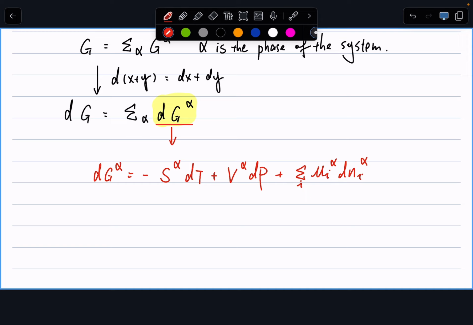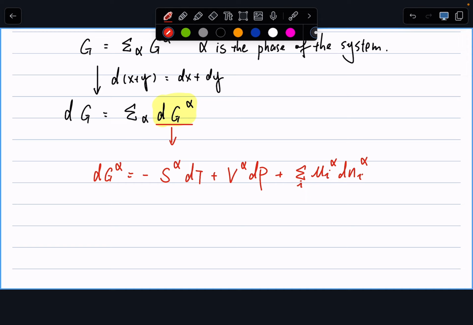So you eventually will get, say, H2O liquid plus ethanol liquid, and go to H2O gas and ethanol gas. Now in here, my H2O and my ethanol are my i. So inside my i I have my H2O and ethanol, and inside my alpha, or my phases, we have liquid and gas.